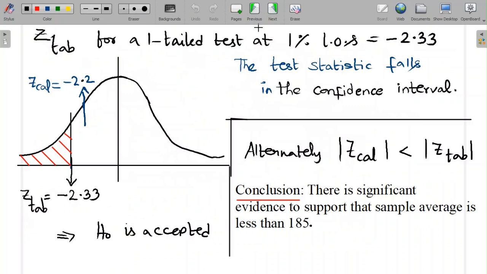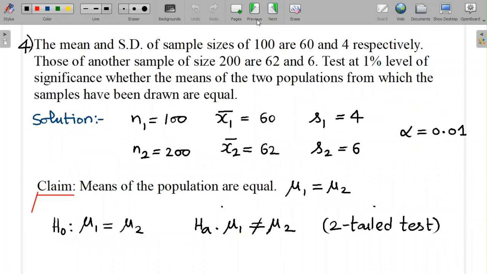Or alternately, you can compare the absolute values and see that the absolute value of Z calculated is less than the absolute value of Z tabulated. Therefore, we observe that H naught will be accepted. And there is significant evidence to support the claim that the sample average is in fact less than 185.